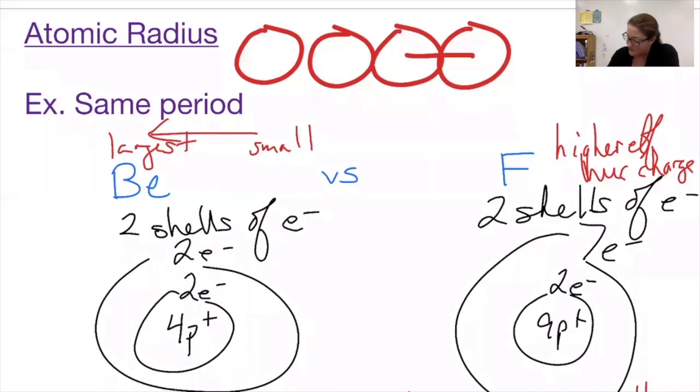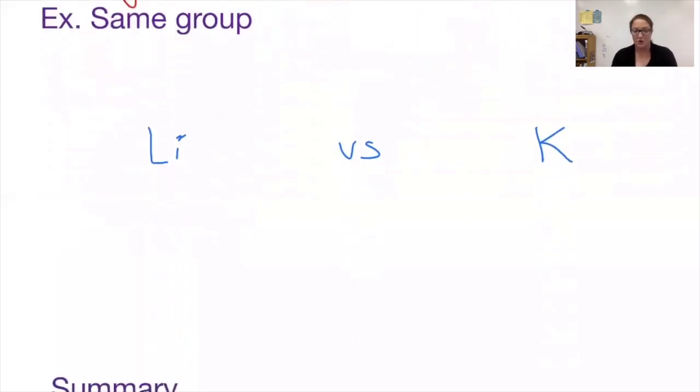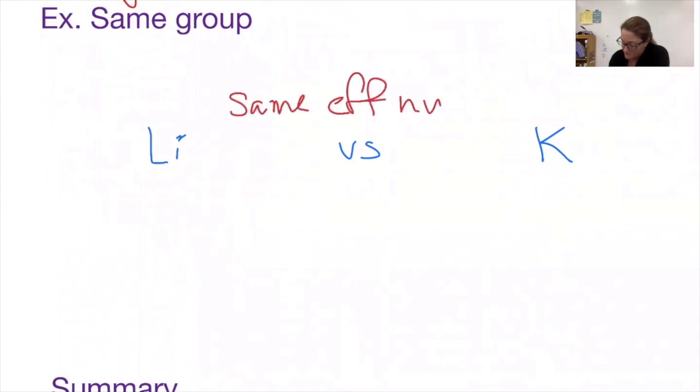Another thing I can ask you to compare is if the two are in the same group. So if I consider lithium and potassium, since they're in the same group, they have the same effective nuclear charge. So that's not going to explain any difference between the two of them.